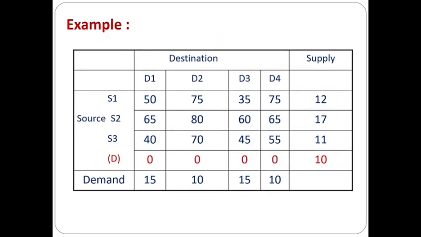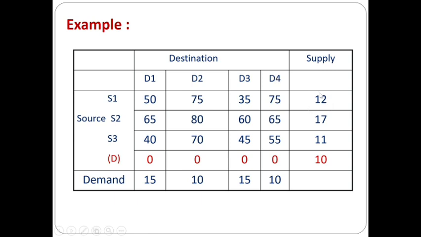Here you can see there are 3 sources and 4 destinations, and this is the unit cost matrix of the transportation problem. The supply is given as 12, 17 and 11 from the sources S1, S2 and S3, and demand is given as 15, 10, 15, 10 from the destinations D1, D2, D3 and D4.